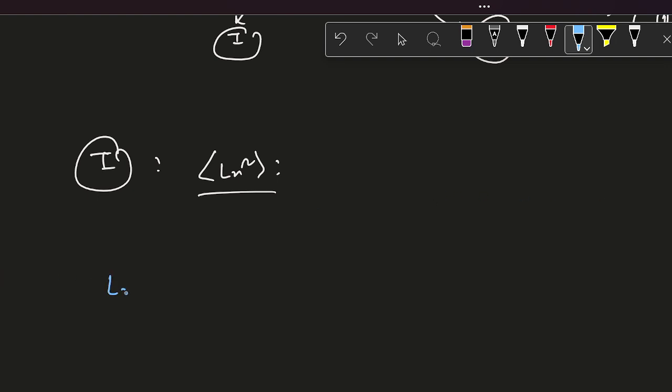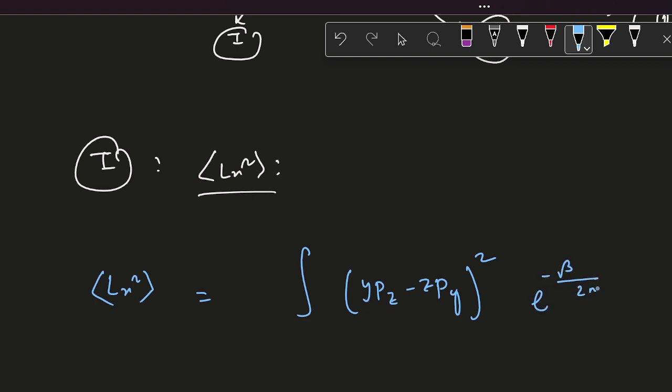So Lx squared is (y pz minus z py) whole squared, because there is a square, into all the terms involving the energy: p squared, which is px squared plus py squared plus pz squared, then e to the power of minus half k r squared, where r squared means x squared plus y squared plus z squared, and then e to the power of minus beta omega Lz, because omega is along z, so this is x py minus y px.